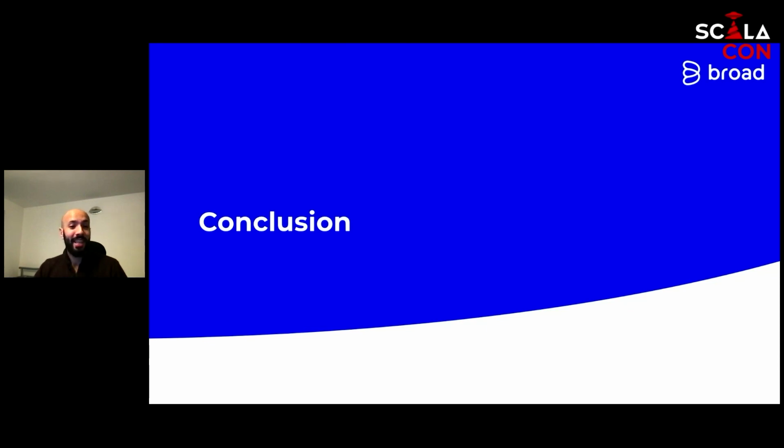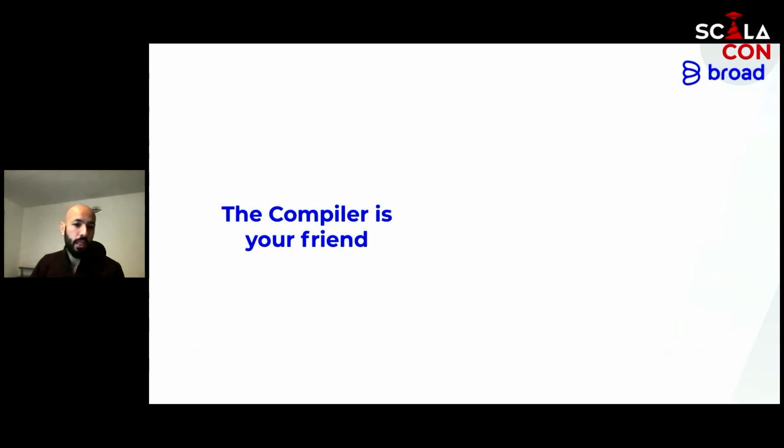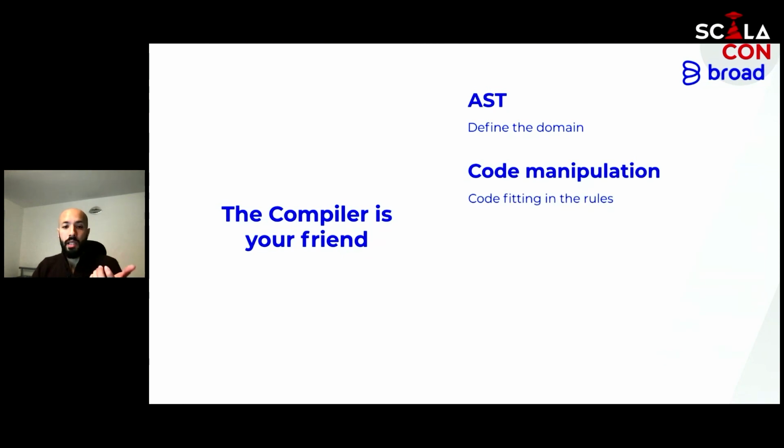So what did you learn today? Well, the compiler is your friend. First and foremost, you can define your own AST that defines your domain. Through the AST, you can make it follow the rules. You can manipulate what happens from that point on, because your AST is your bread and butter from that moment.